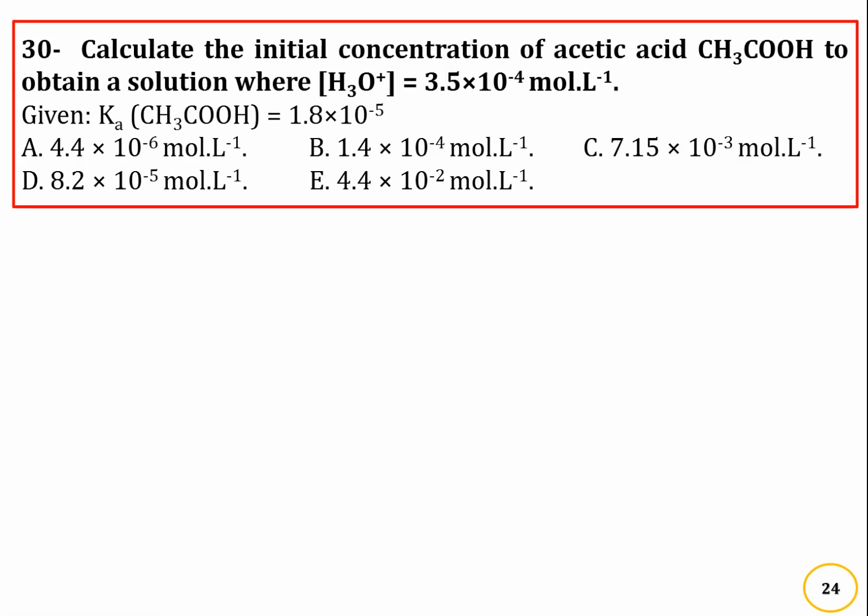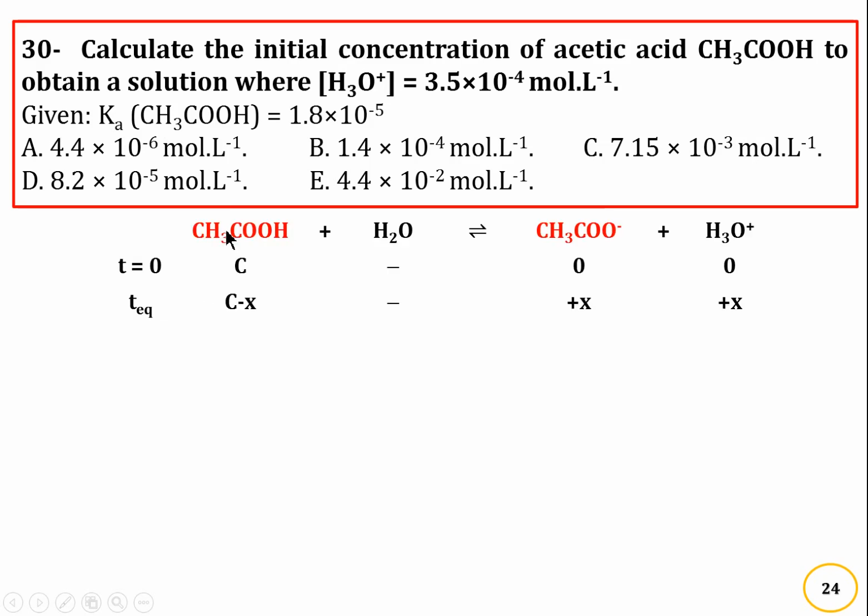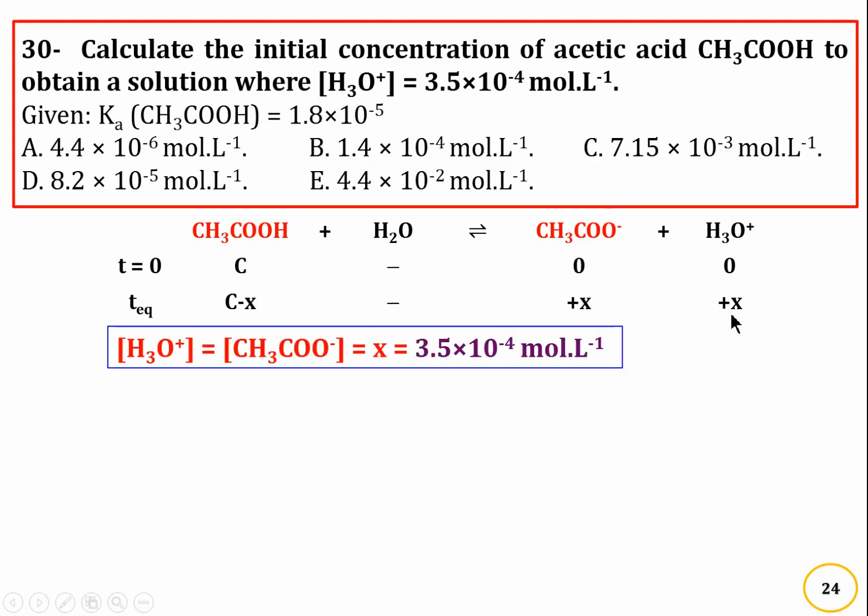Exercise 30. Calculate the initial concentration of acetic acid to obtain a solution where the concentration at equilibrium is 3.5 times 10 to the minus 4 molar, given the Ka of acetic acid. Again, we have to write the dissociation of the weak acid in water. At t equals 0 we have C, 0, 0; at equilibrium, C minus x, x, x.